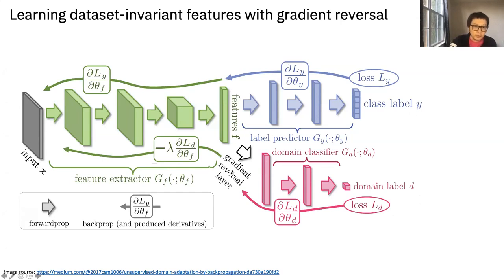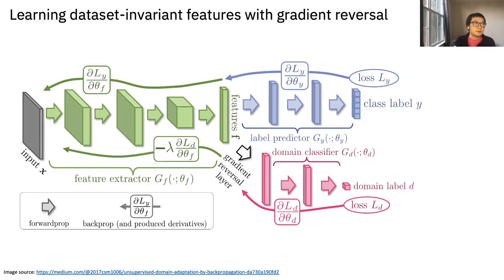If we don't have the gradient reversal layer, the pink part will try to predict correctly which data source this entity pair is coming from. Basically we are training two neural nets here, trying to correctly identify whether this pair is coming from the source scenario or the target scenario.